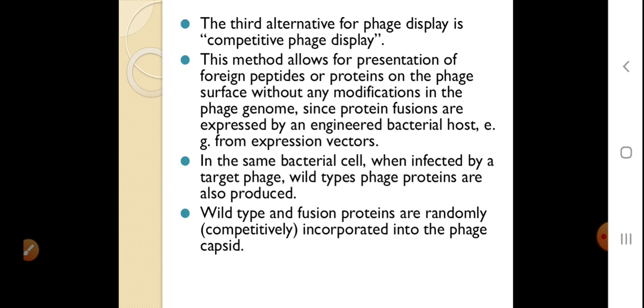So there is a competition between the wild type and fusion proteins for their integration into the phage capsid. Again, from the GMO point of view, this is a safer method than the first method. So till now we have discussed three methods: one is molecular manipulation, two is chemical modification, and the third one is competitive phage display.